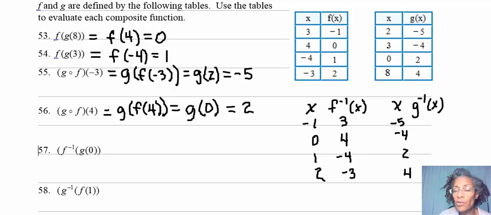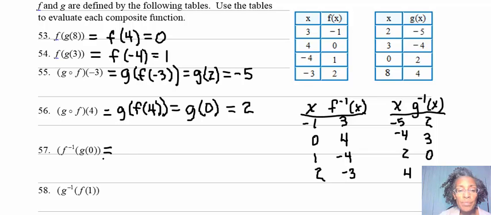All of my x values on the g table become my y values on the g inverse table. So again, all I'm doing is interchanging x and y. That's all I'm doing. And now we can answer the last two questions.